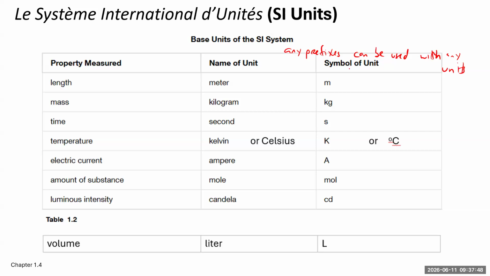So again, we can have megameter or kilosecond or nanokelvin or picomole, or gigaliter, right? It doesn't matter what it is. We could use any prefix with any units. It doesn't have to be a fixed thing, right? So we'll practice that too.